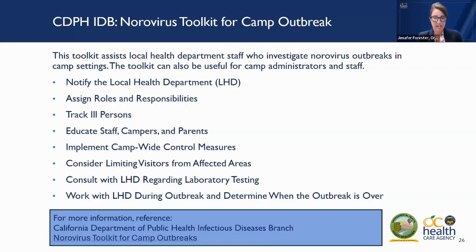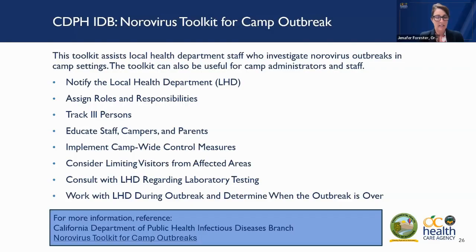So the notification to local health departments is essential, and the sooner the better. We want to make sure we're here to assist camps in preventing an outbreak from spreading. And also we want to be able to ensure that the assigned roles and responsibilities for the camp are in place.